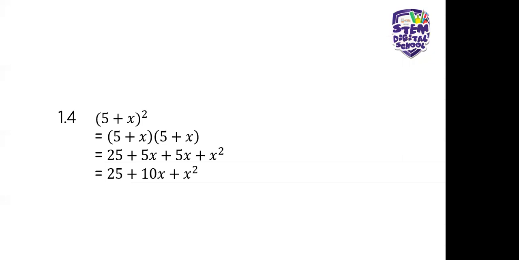And of course, the final answer there will be 25 plus 10x plus x squared. So the final product means you have now combined the like terms, which are 5x and 5x.